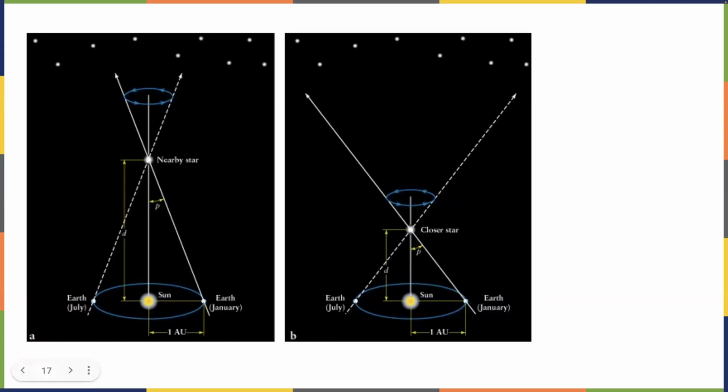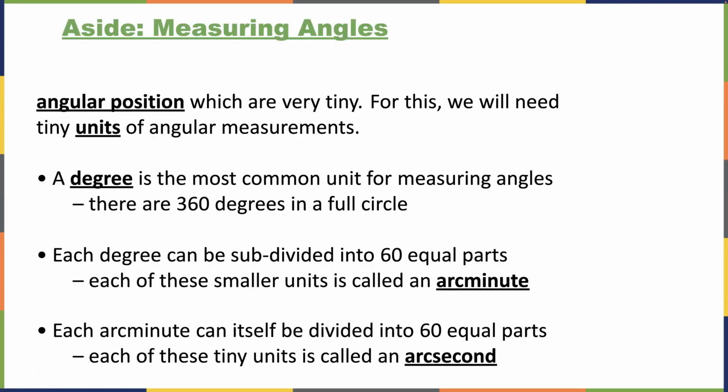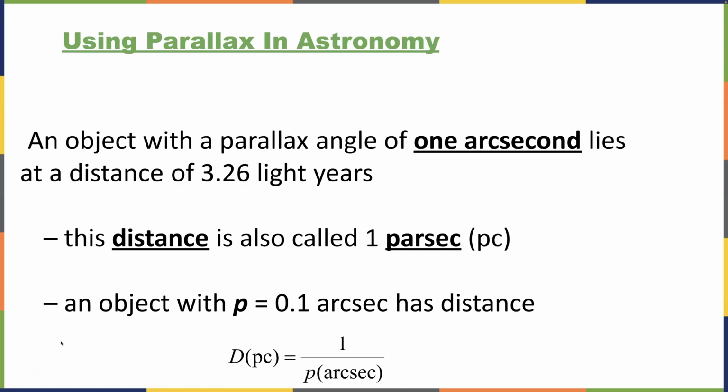Now you can clearly see that you can use the parallax angle to measure distances. Something that you need to look at here is, what does the parallax angle depend on? How does this parallax angle change with the distance? As the equation shows you, the distance is inversely proportional to the parallax angle, right?